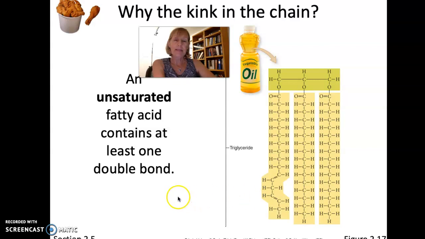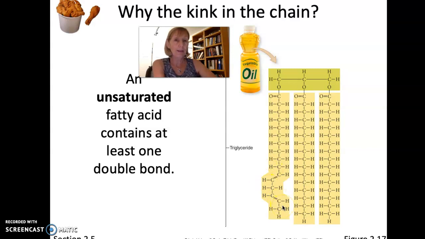So notice that here I'm telling you the fatty acid contains at least 1 double bond. Yes, because that double bond is between those carbons. And therefore, here I needed more hydrogens, but I don't need a hydrogen if I'm sharing an electron instead with another carbon. This then is going to cause a kink in this chain, this bending in the chain there.